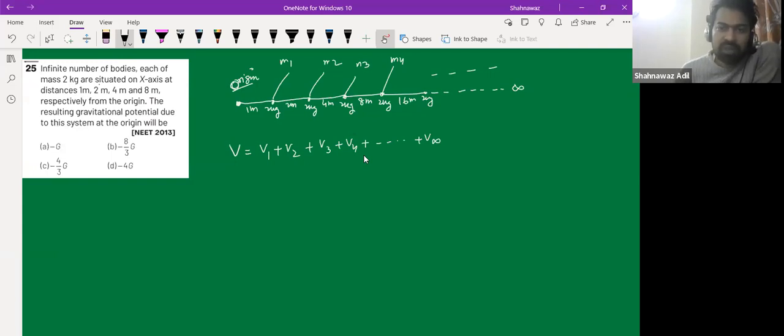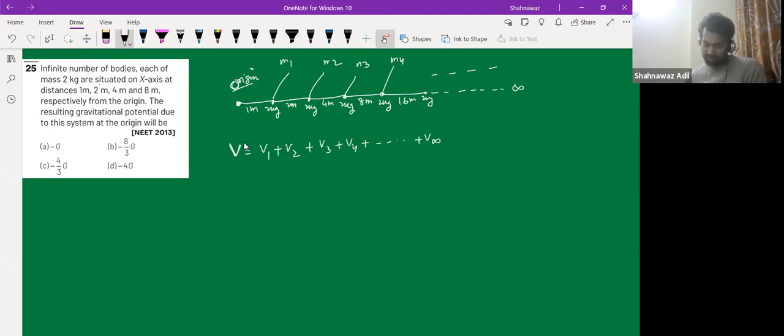So this is the overall potential, and because this potential is what? Scalar or vector quantity? What kind of quantity is this, gravitational potential?